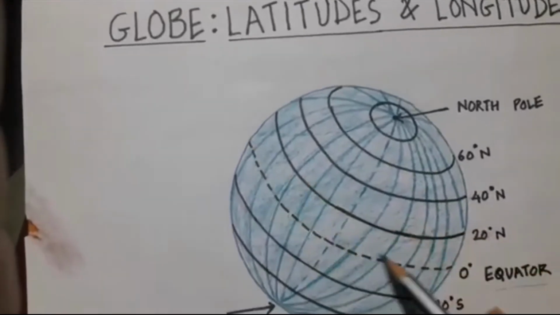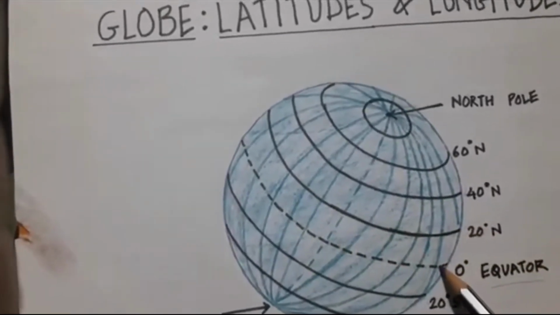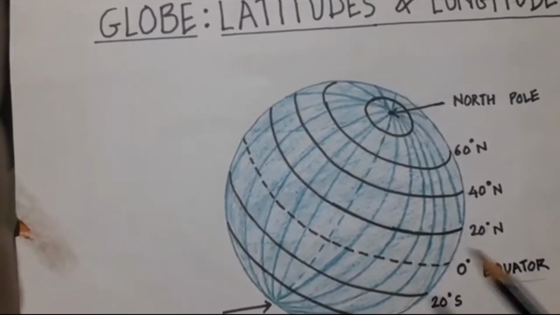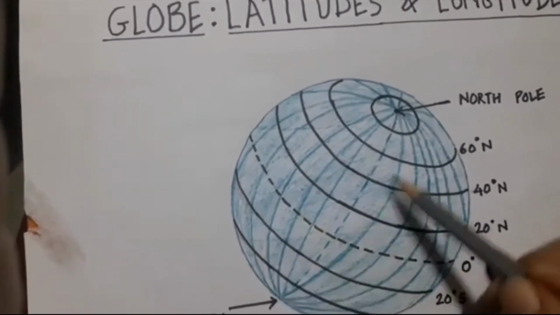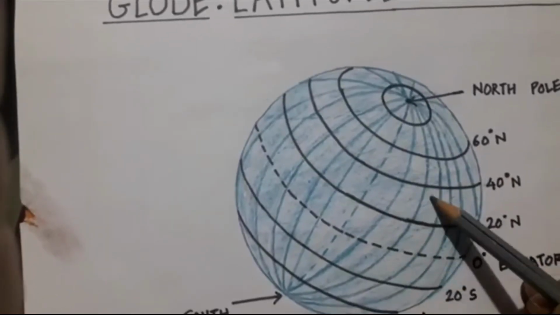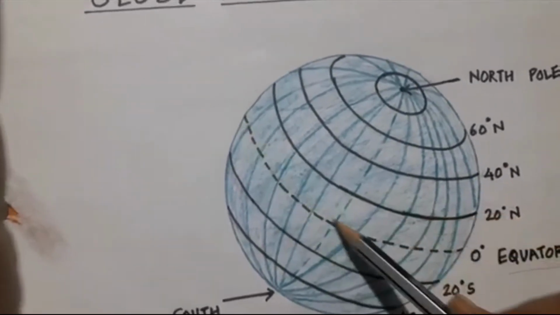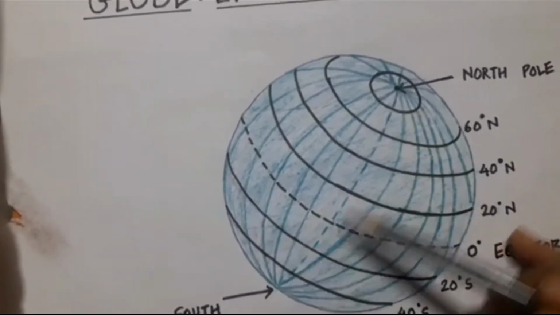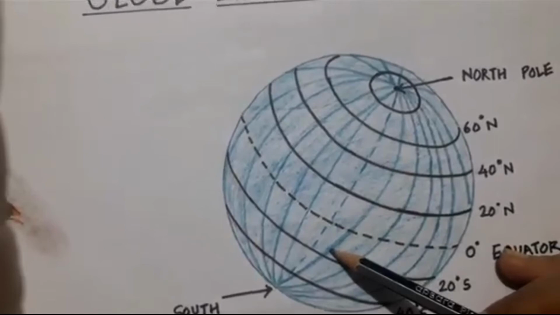This imaginary line, which is the equator, divides the Earth horizontally into two equal parts. If you see, this is the equator. It divides the Earth into two equal halves.